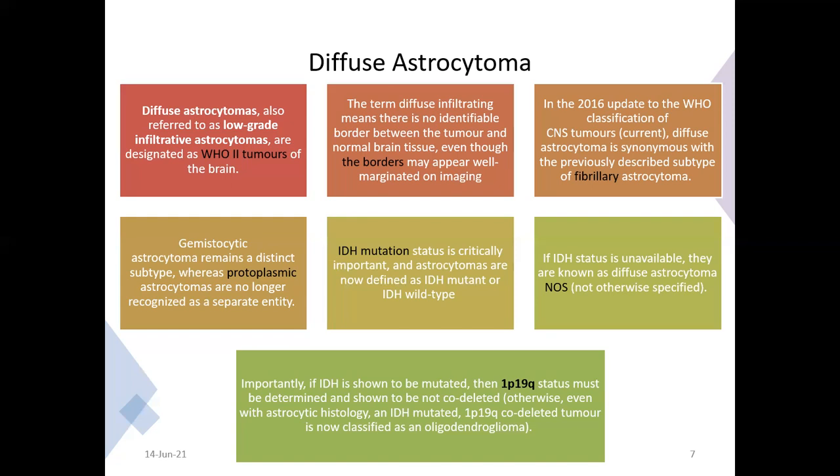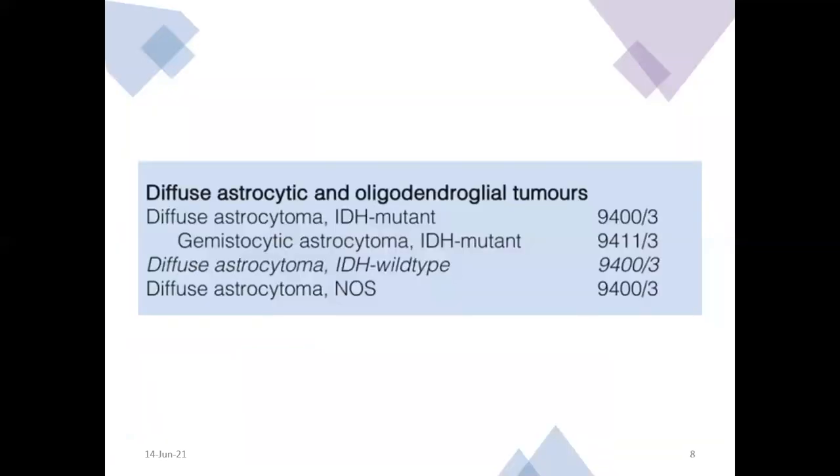If it is mutated and co-deleted, it is definitely oligodendroglioma, and it is now classified as oligodendroglioma. So in the WHO 2016 CNS classification, diffuse astrocytoma is divided into diffuse astrocytoma IDH mutant, gemistocytic astrocytoma IDH mutant as a different entity, IDH wild type, and IDH NOS.